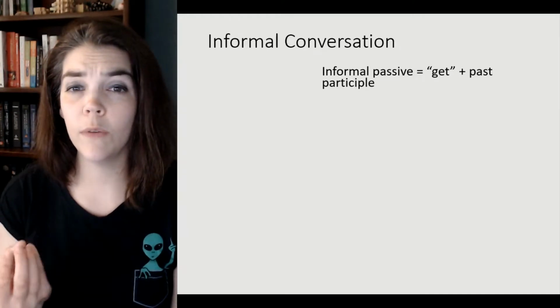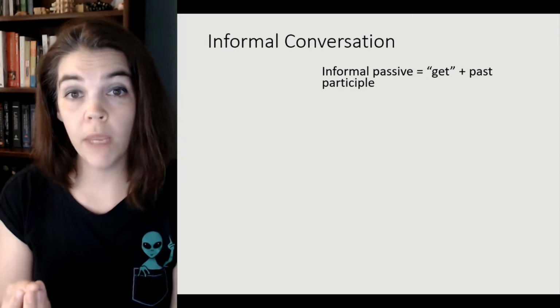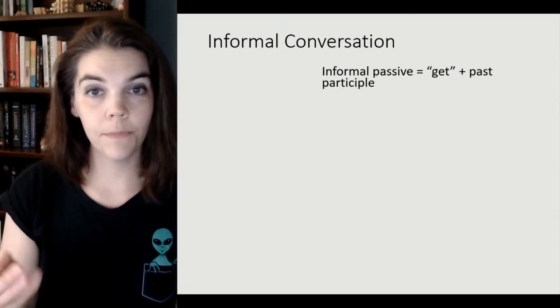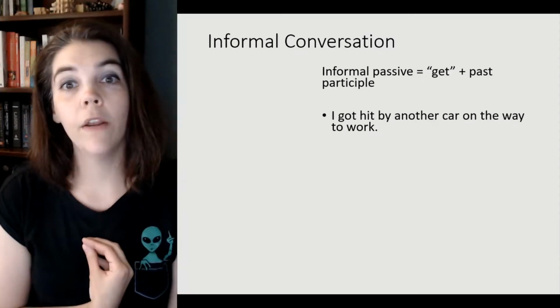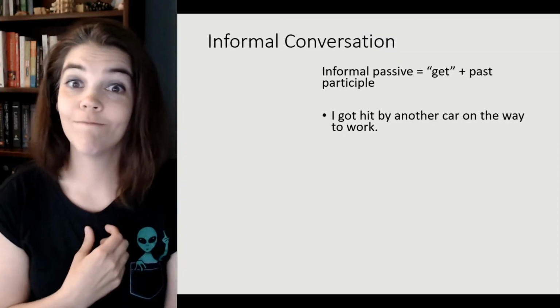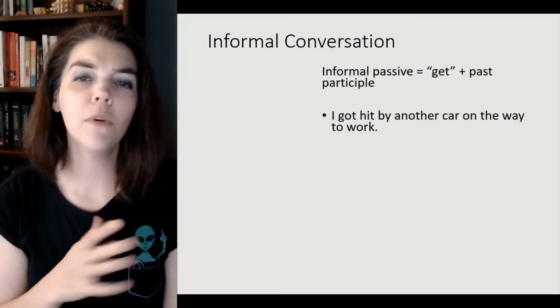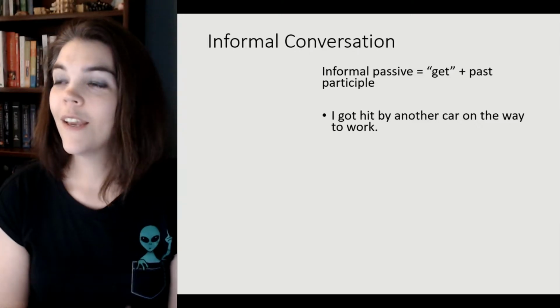So instead of using was or is or another form of be, we use get. So, for example, I got hit by another car on the way to work. Has that ever happened to you? It's happened to me. I was okay, but I was totally late for work.